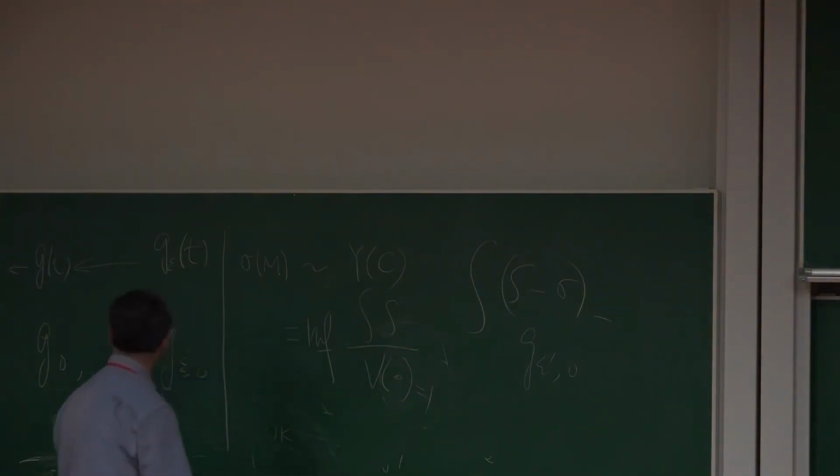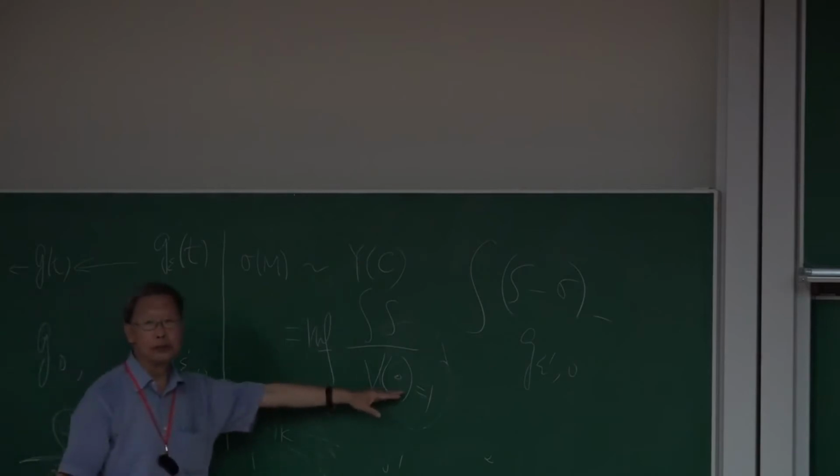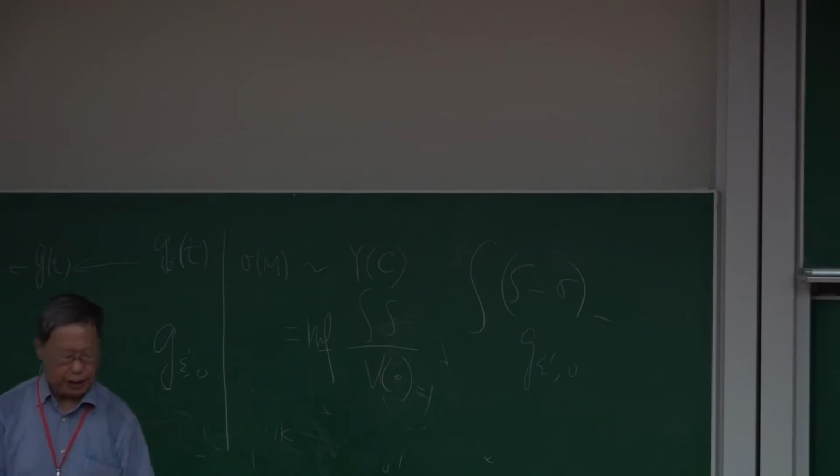Suppose the volume of g_t is 1. Then, because of the previous result, sigma m is non-positive, therefore g_t should be Einstein. Therefore, you take the limit, it should be Einstein. But the point is that because you change the metric, the volume may not be 1. Therefore, technically, we still have to do something.